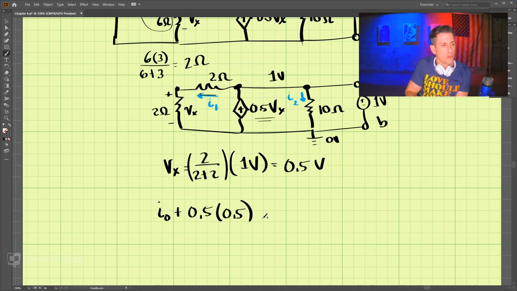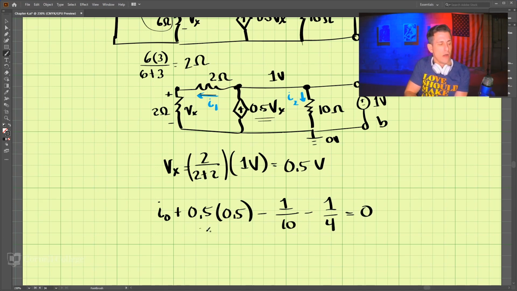And going out, we have our 1 volt divided by 10 ohms. And our I1 going out, which is 1 volt divided by 4 ohms. 2 plus 2 is 4.